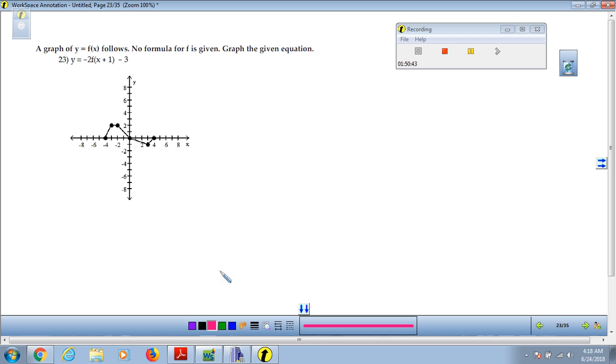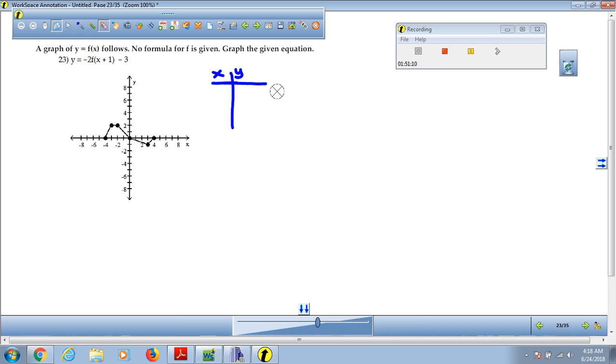This one says that this is the graph of a function, and you have no formula for f. That's just what's given to you, and you want to graph the transformation of it. So something like what you did on the test, you're going to collect the points, and you're going to be doing the changes as suggested in the transformed equation.